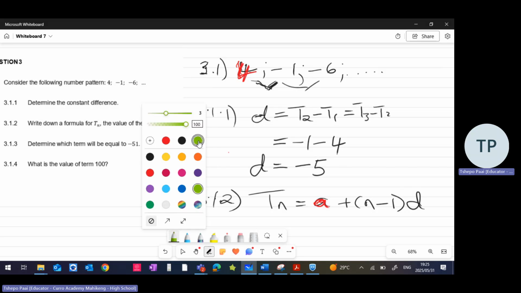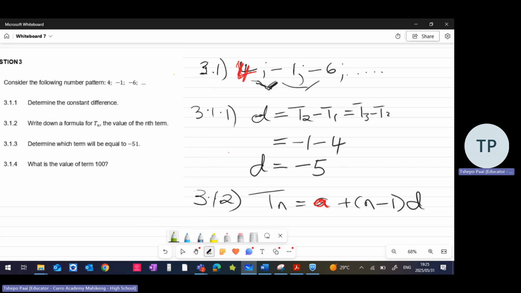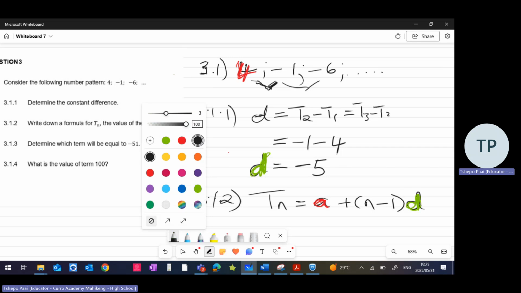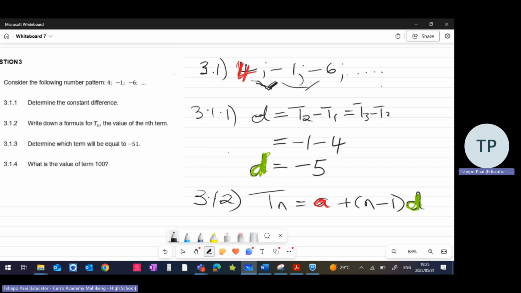I've said d in this formula, this d here, it's our constant difference. I will use a green color for d. Now all I have to do is to replace my a and my d. So this is the formula always when there is a constant difference. We are saying the formula is Tn equals a plus n minus 1 times d.